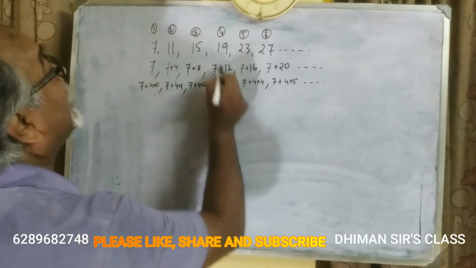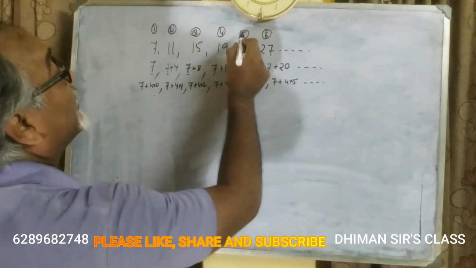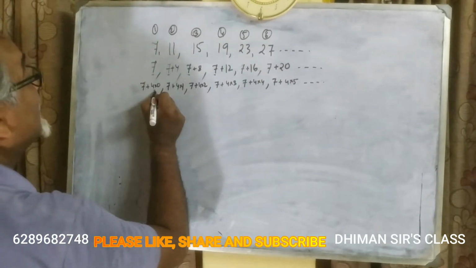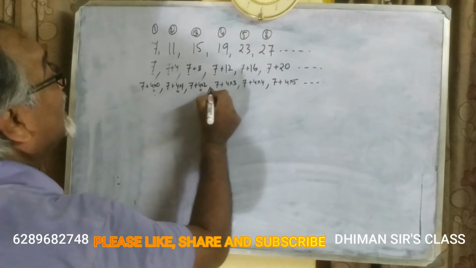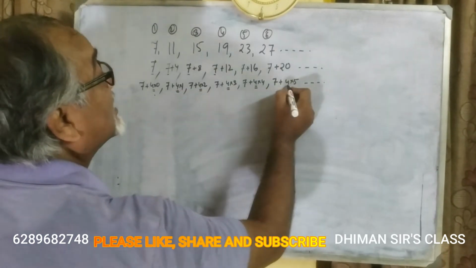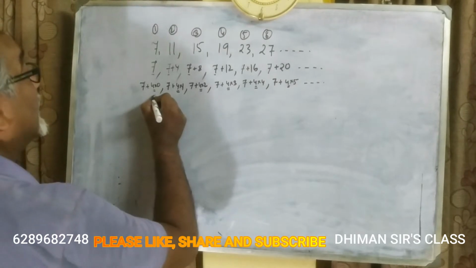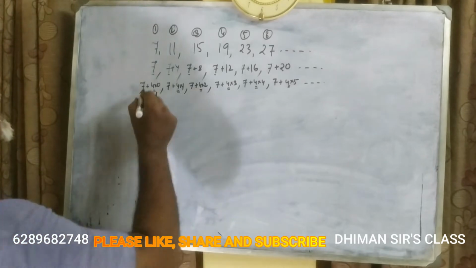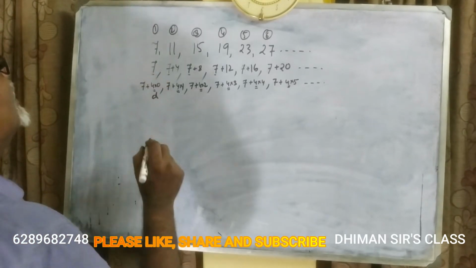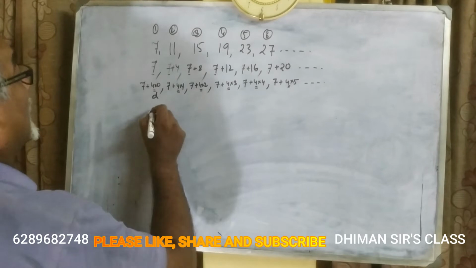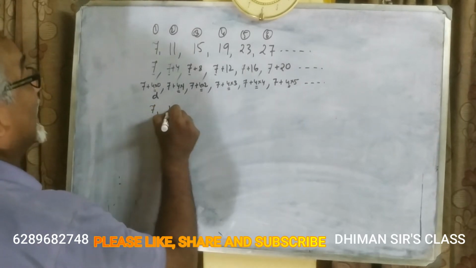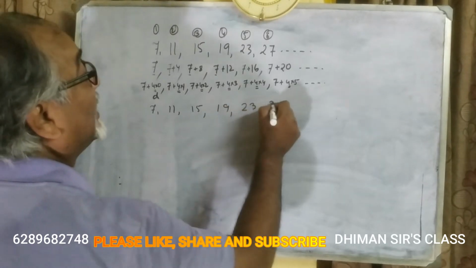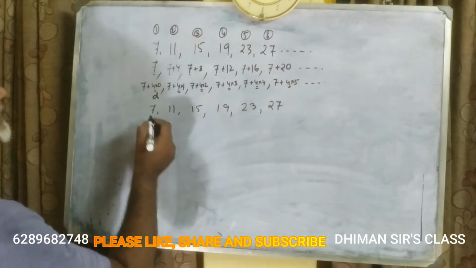Fourth term, 4 into 3, 1 less. 4 into 4, fifth term, 1 less. Like this it continues. And one more thing we have noticed here, that 4 is constant. So this 4 is called d, that means it is the common difference. Or you can also write in this way: 7, 11, 15, 19, 23, 27.